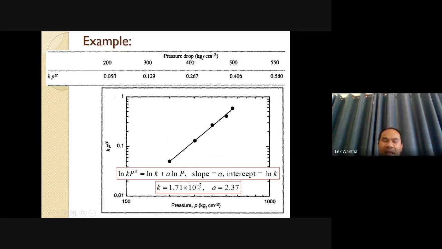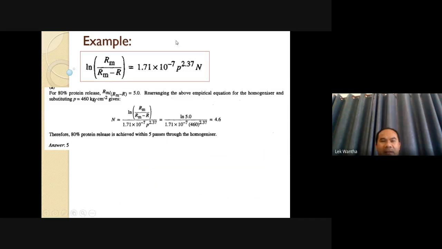And then you get A and k already, and you get the equation like this: log Rm divided by Rm minus R equal to this equation. You get R as a function of pressure and N.